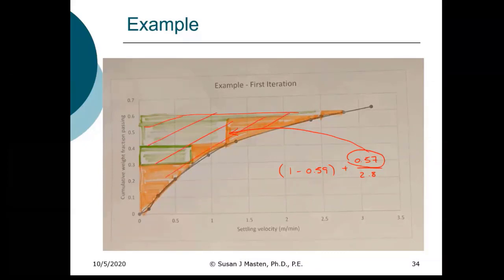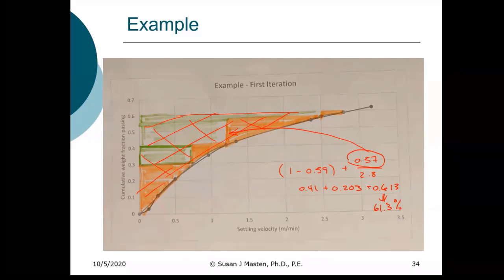The way that I've done that, I've just broken up the area into triangles and rectangles and then calculated the area. So I've estimated it this way. And this gives me 0.41 plus 0.203. So that is 0.613 or 61.3%. So it's slightly less than what we calculated before.